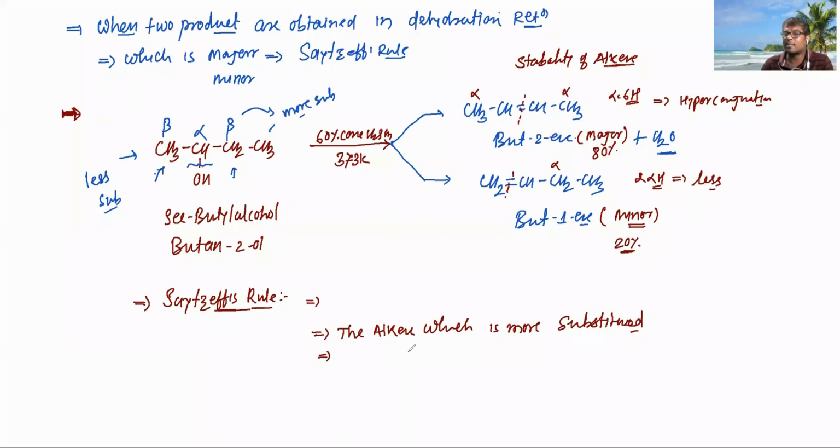This is called the Saytzeff rule. Whenever two or more products are obtained in a dehydration reaction, the more substituted alkene is the major product according to the Saytzeff rule.